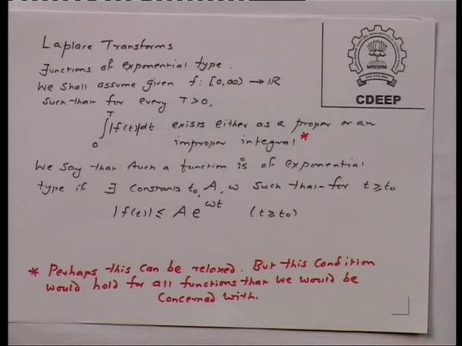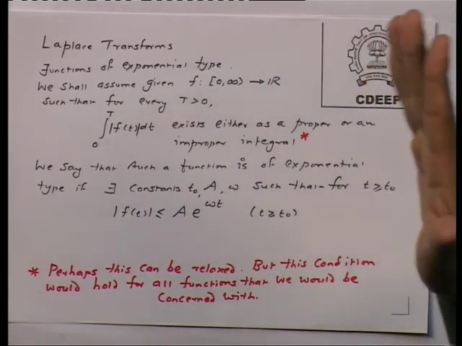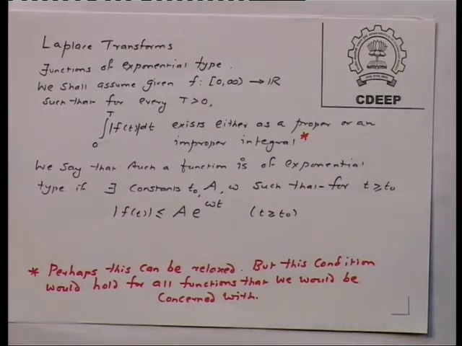This function is defined on 0 to infinity, but in the neighborhood of 1 it is becoming unbounded, but nevertheless the improper integral exists. If you take 0 to t, then it is basically the integral from 1 to t, because between 0 and 1 I had defined it to be 0, and 1 over root of x minus 1 from 1 to t exists as an improper integral, correct.